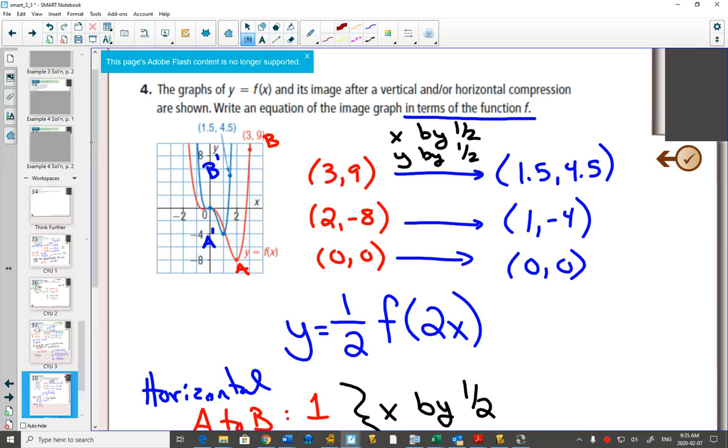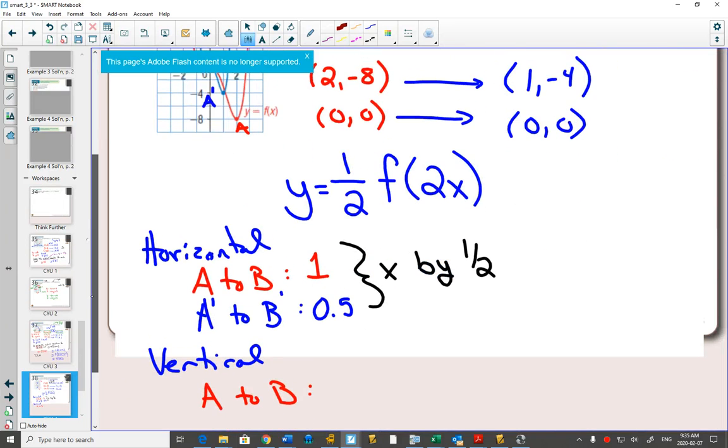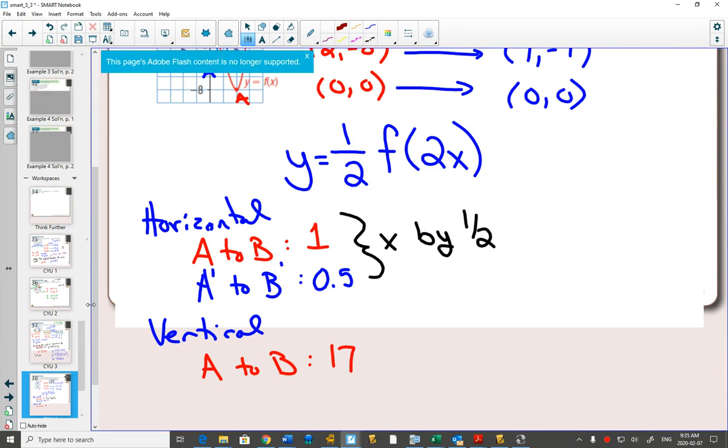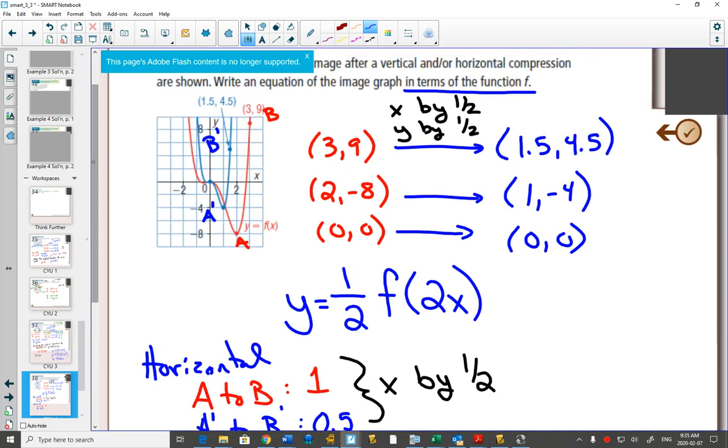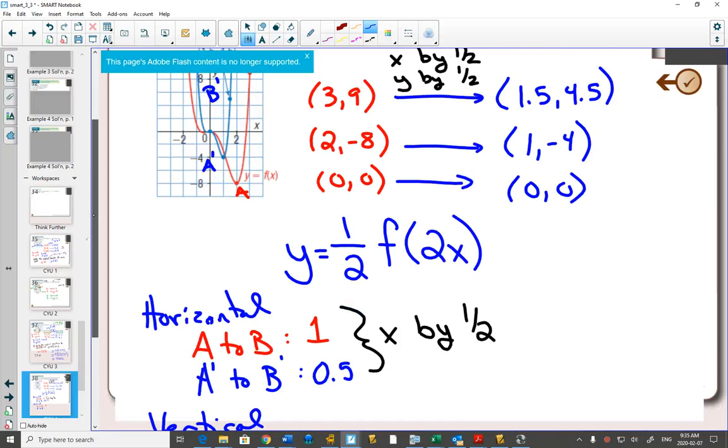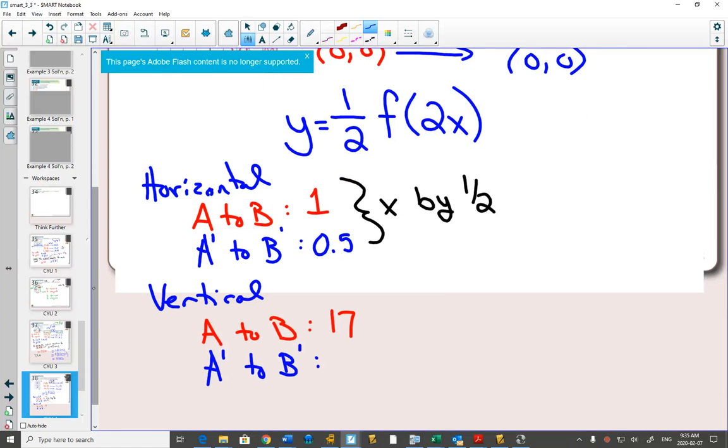Can you see that you've gone up 8 plus 9, 17 units? And if you look at A prime, which is at -4, up to B prime, which is 4.5, that goes up 8.5.